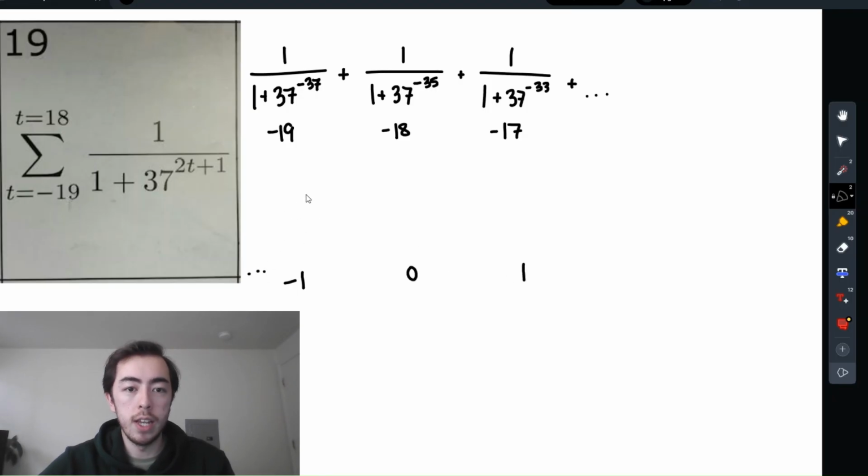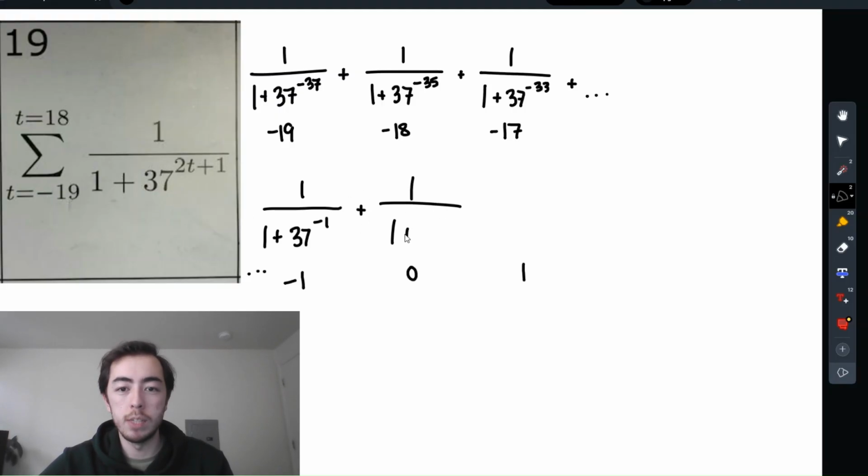When t is negative 1, we're going to have 1 over 1 plus 37 to the power of negative 2 plus 1, so negative 1. Then when t is 0, we're going to get the same fraction, just a different exponent, right? 37 to the power of 0 plus 1, so 1.